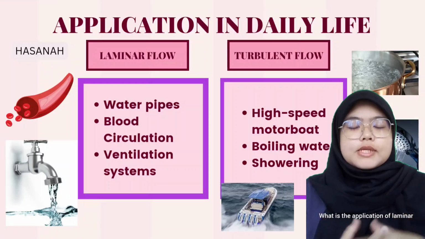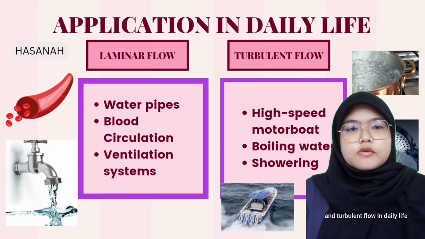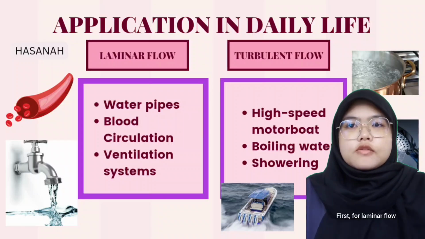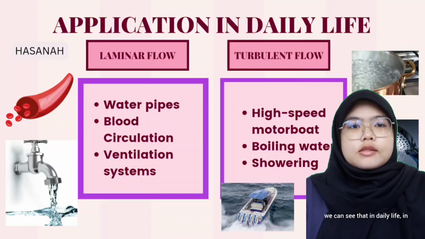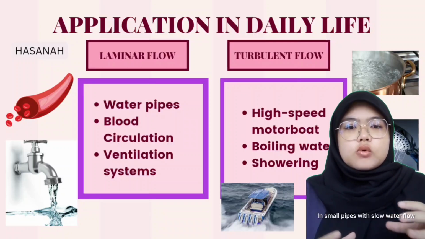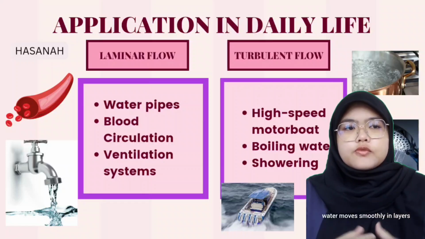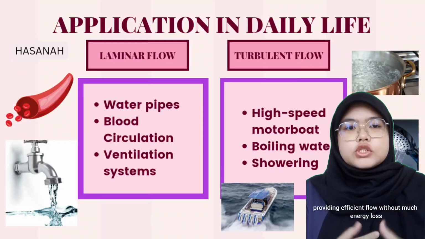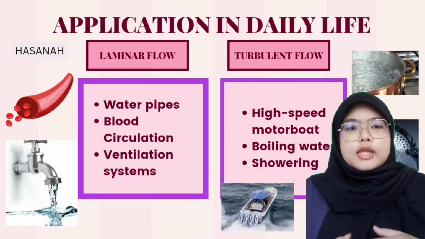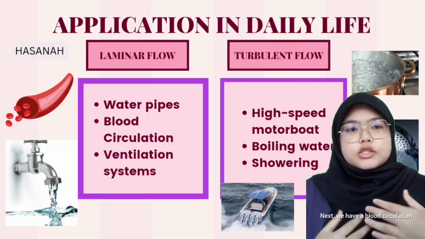What are the applications of laminar and turbulent flow in daily life? First, for laminar flow, we can see it in water pipes. In small pipes with slow water flow, water moves smoothly in layers, providing efficient flow without much energy loss. Next, we have blood circulation.